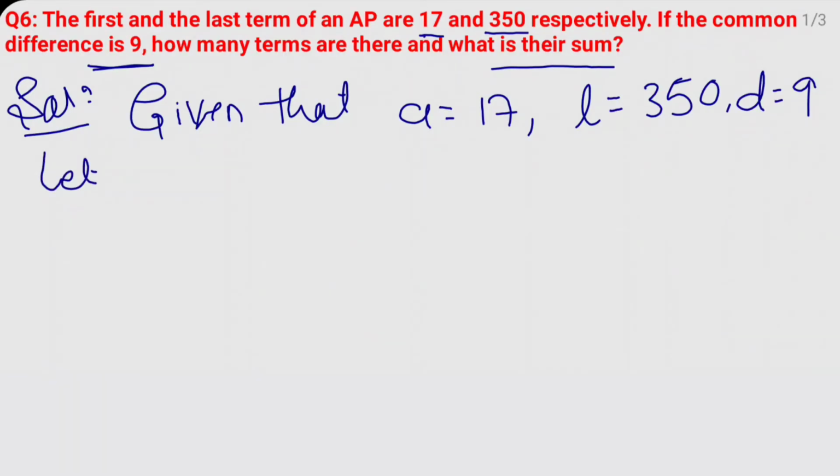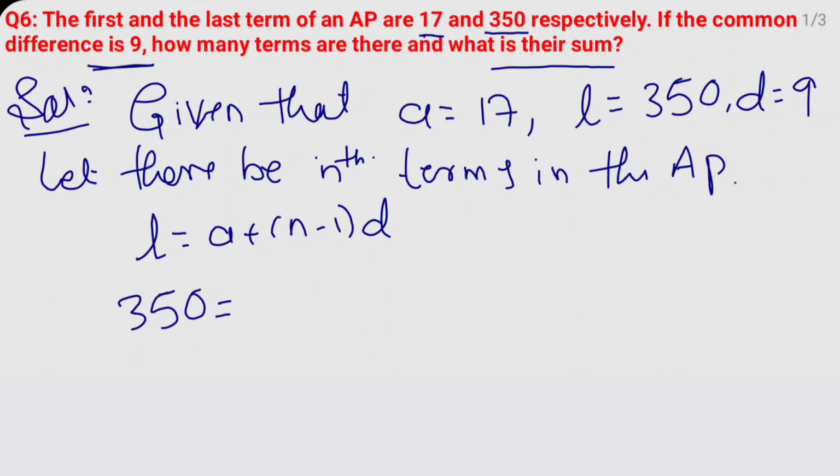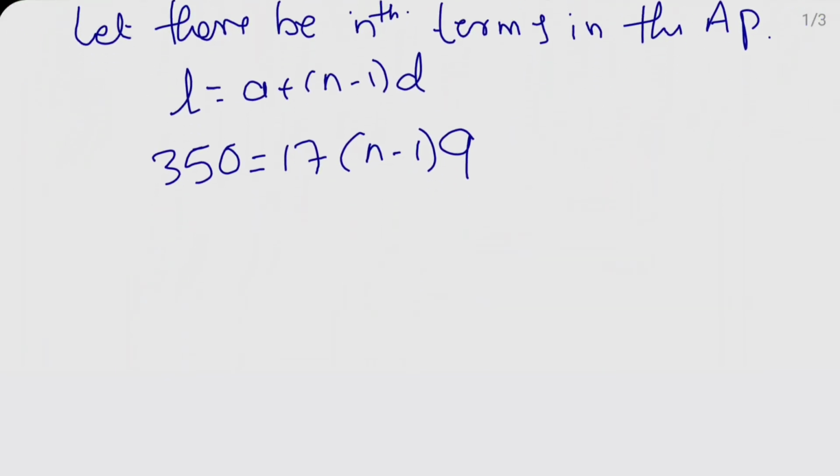So let there be n terms in the AP. As we know, L equals a plus (n minus 1) into d. So L is 350, and this equals 17 plus (n minus 1) into 9.